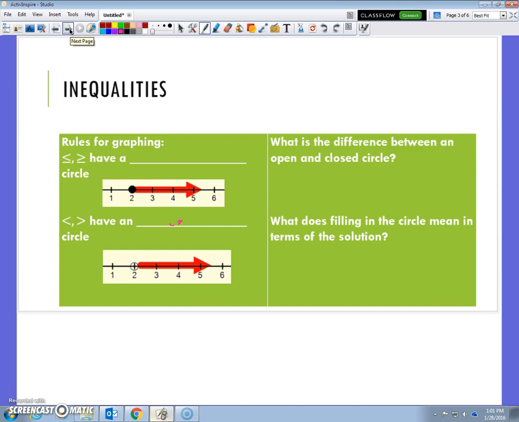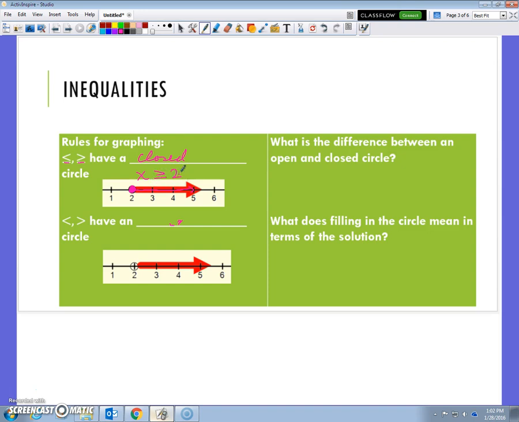When we use a number line to show our solutions, there are a couple rules we need to keep in mind. If it's a less than or equal to or greater than or equal to, we have a closed circle. Remember, this is including the number that we're talking about. So in this case, I have a closed circle on 2, and the arrow going to the right. This would represent all the values that we don't know that are bigger than or equal to 2.